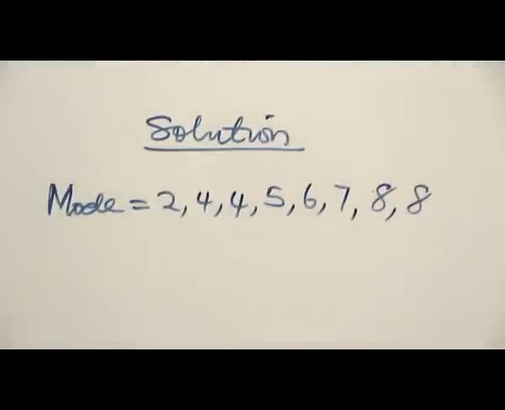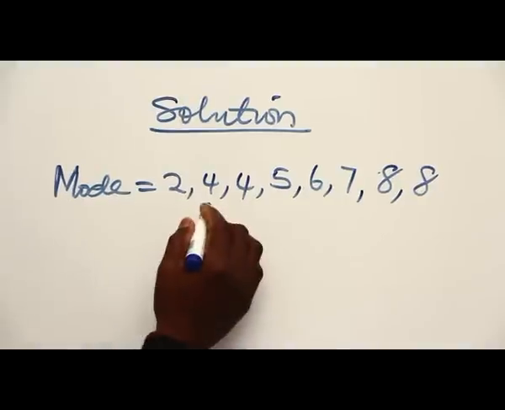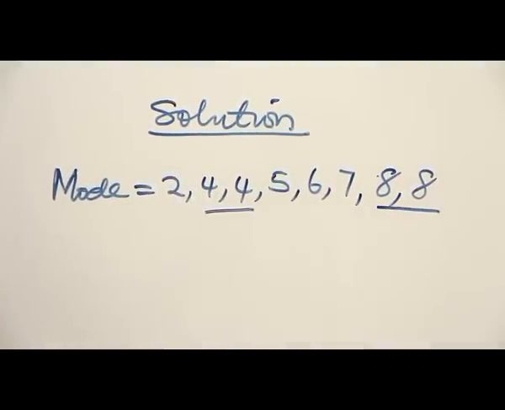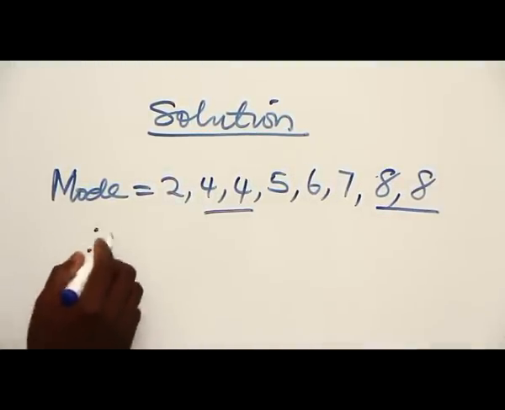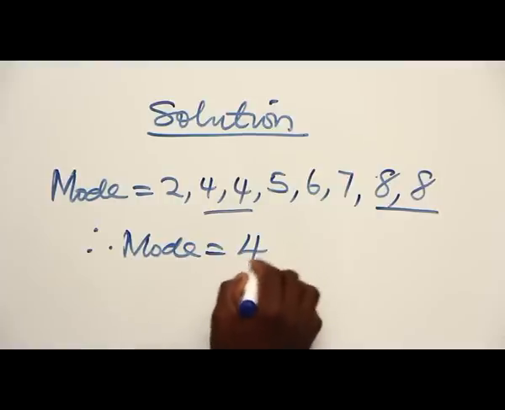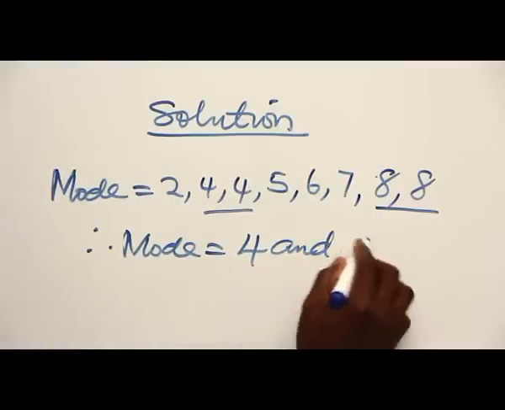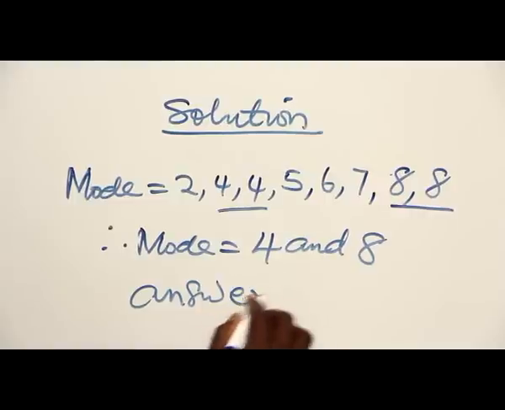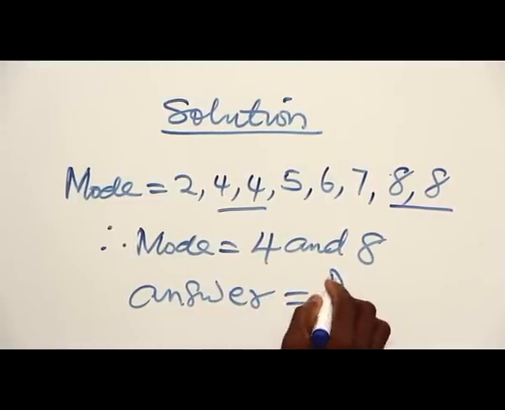If you look at the board, we have 4 occurring twice. We have 8 occurring twice. Therefore, mode equal 4 and 8. Answer equal D.